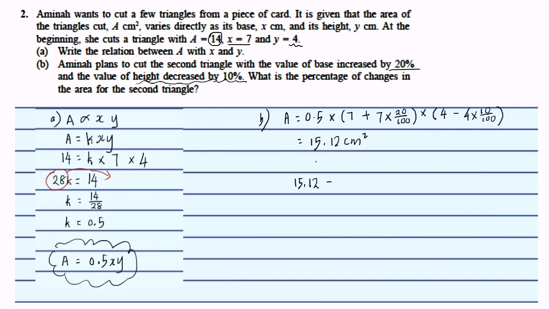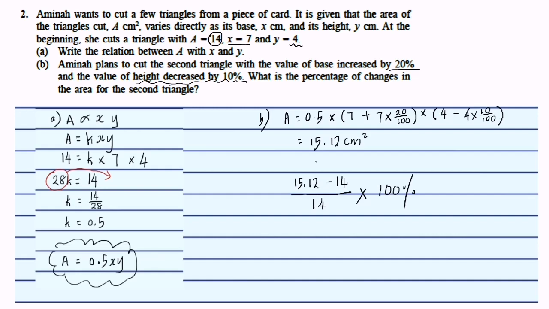So 15.12 minus the area of the first triangle, 14, divided by 14 times 100%. Okay, this is how we find the percentage of changes in the area for the second triangle.